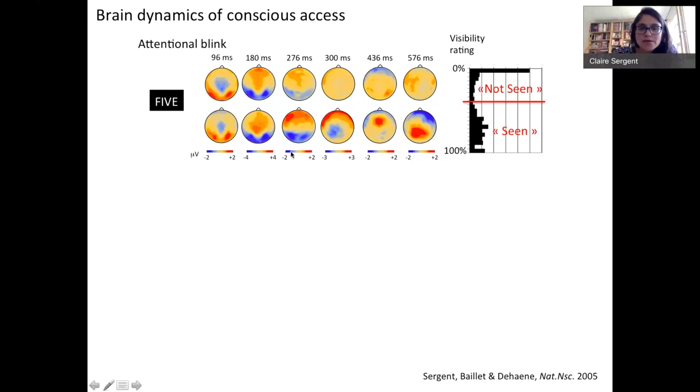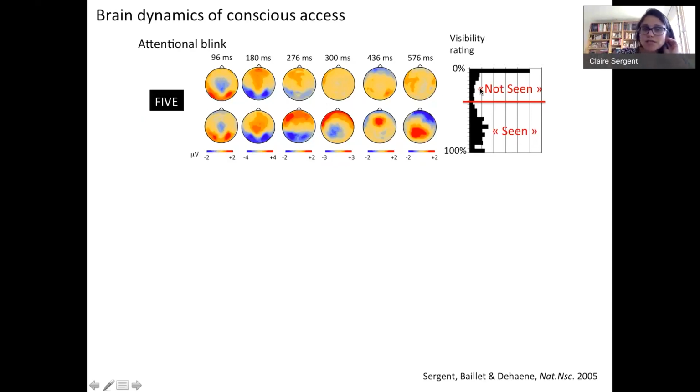And we saw this up to 250 milliseconds after the presentation of the stimulus. But then we saw a rapid shift in the pattern, and we saw a series of waveforms that were only triggered when at the end the subject said, I've seen the stimulus, and not in the other case.